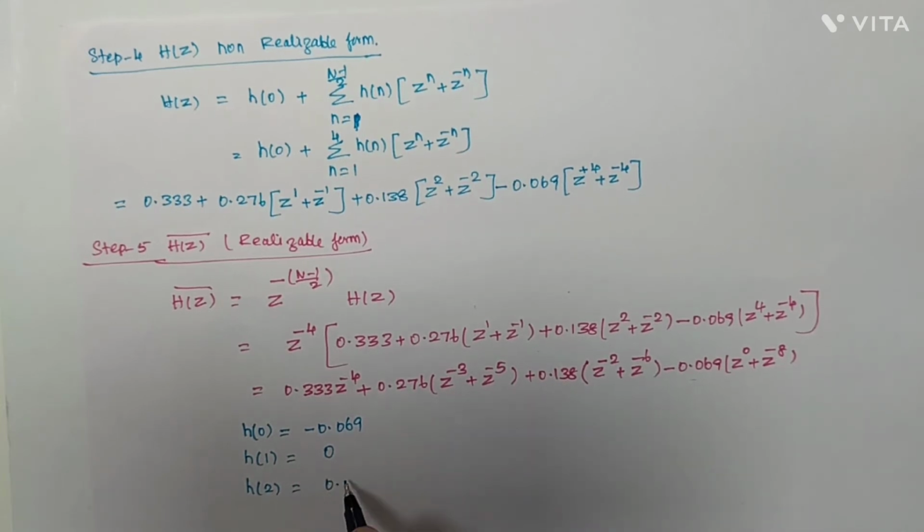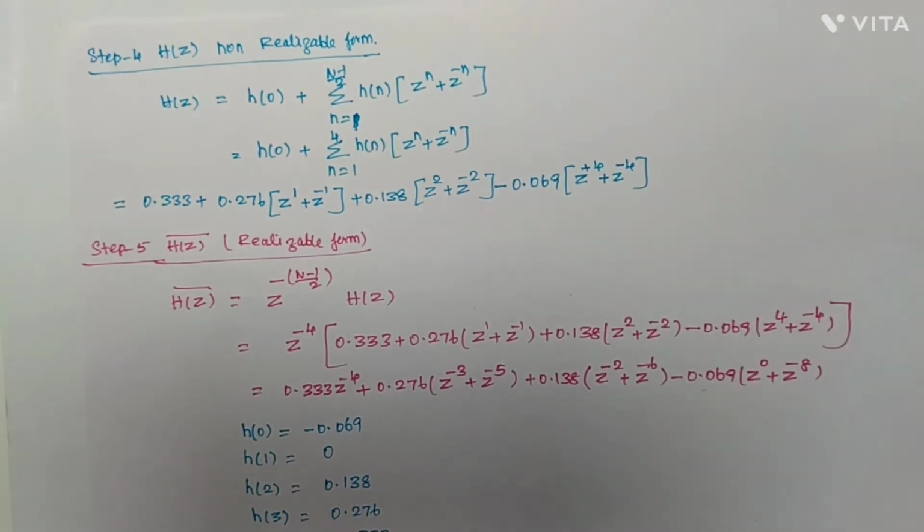That is the filter coefficient. h of 3 is 0.276. h of 4 is 0.333. So after conversion into a realizable form, my new filter coefficients are 0, minus 0.069, 0, 0.138, 0.276 and 0.333. Next, step 6 is to find the frequency response.